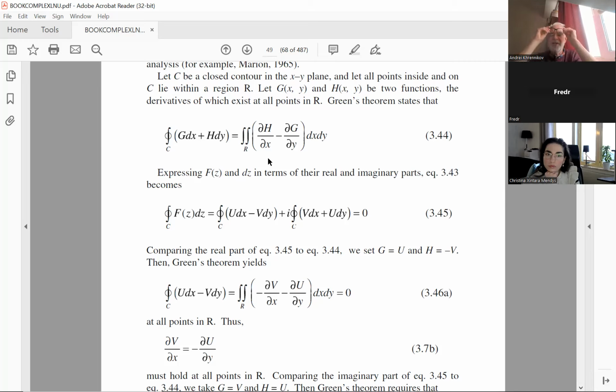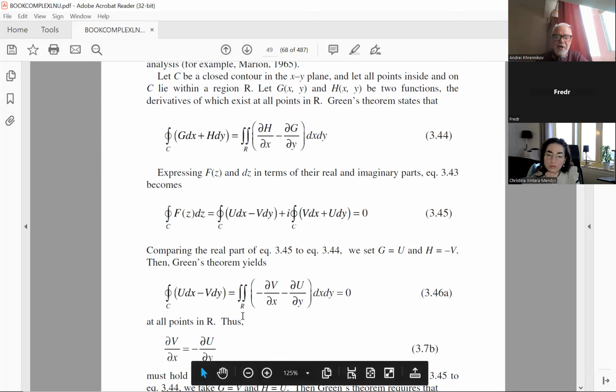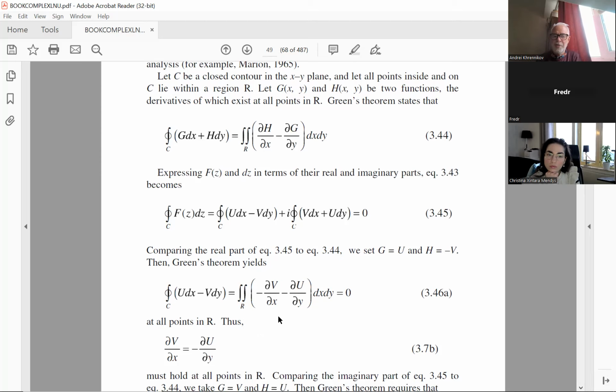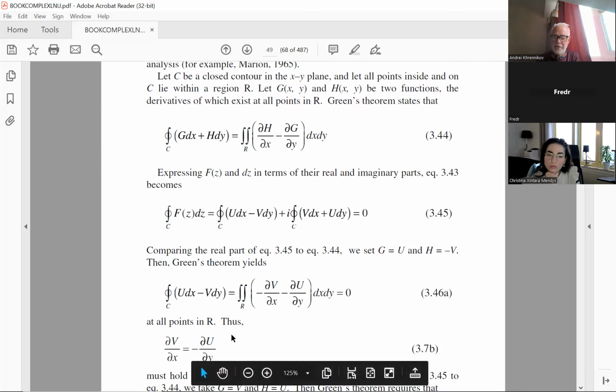So the same is done here. There is a function of 2 variables, this block, and its integral is 0 on any area around any point. So then it should be equal to 0.